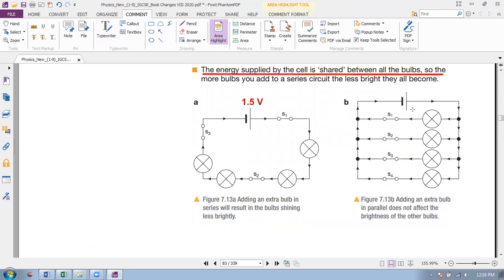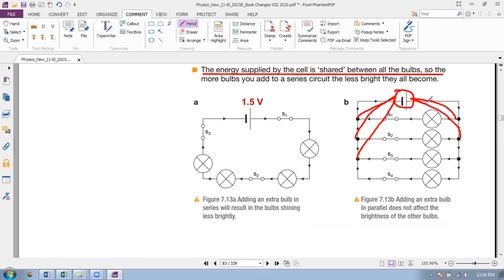Just now look at this. It's a parallel connection. Look at this cell. This cell has direct connection with each branch. This branch, this branch, this branch, and this branch. So direct connection.